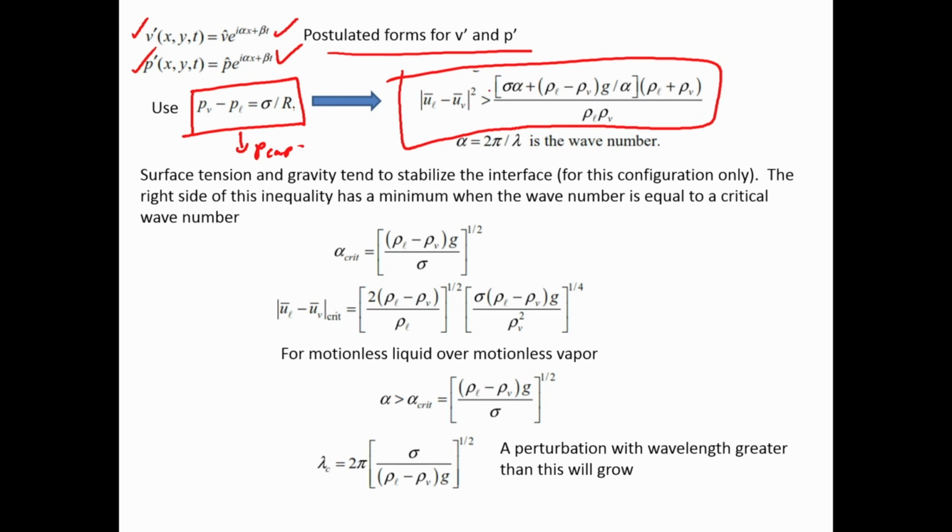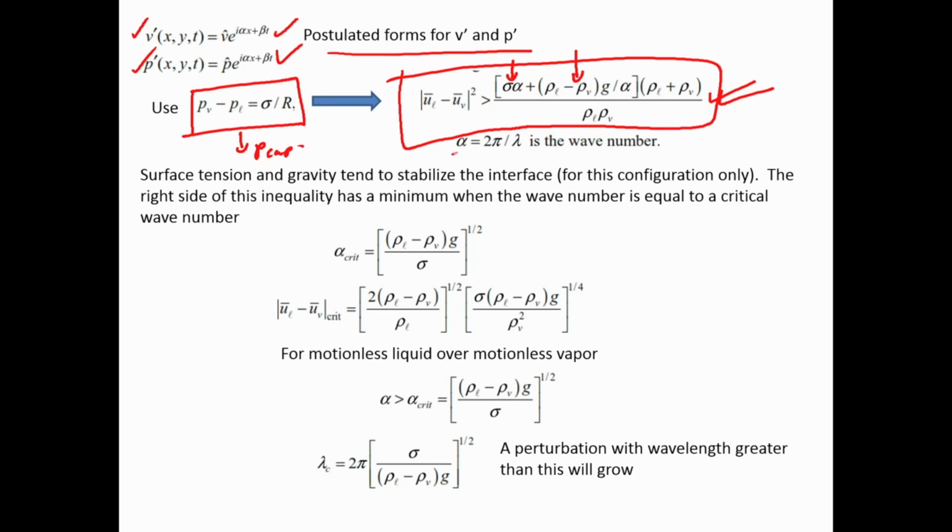So it does not matter which one is positive or negative, which one is slow or fast. That is given by this particular expression. Let us look at it term by term. There is a term involving sigma, which is the surface tension. There is a term involving the gravity.